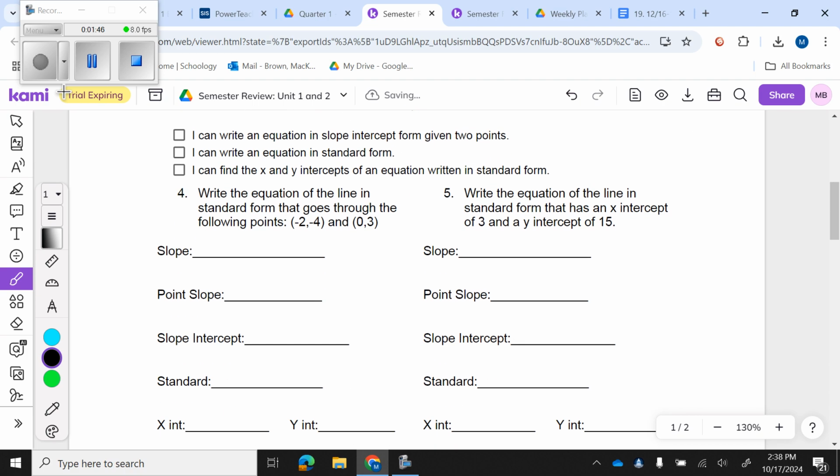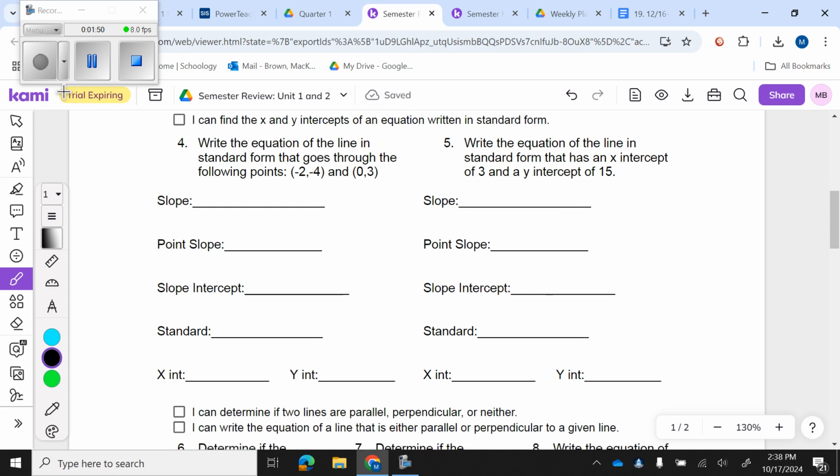All right. Down here, we basically have to follow these big long steps to get all the way to our x and y intercepts. On number 4, I've got to find my slope first. I've got 2 points, x1, y1, x2, y2, and I'm going to put them into my slope formula.